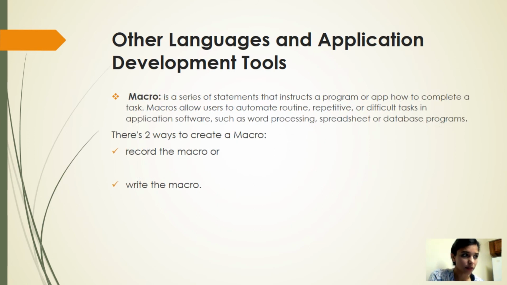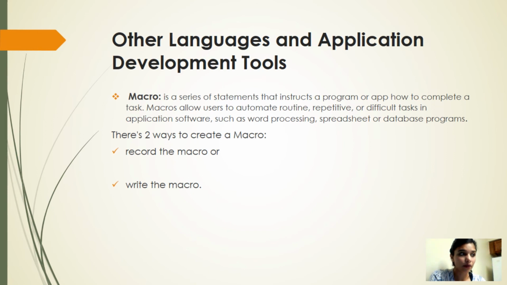A macro is a series of statements that instructs a program or app how to complete a task. Macros allow users to automate routine, repetitive, or difficult tasks in application software such as word processing, spreadsheets, or database programs.